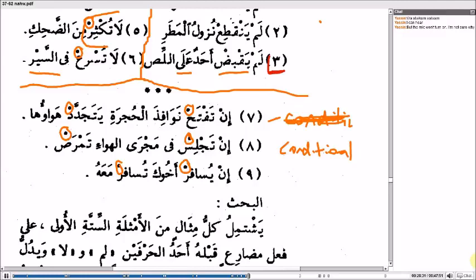The main thing is that you understand it's conditional, even if you don't see the word in. So if it's conditional, then it's going to be majzoom. There is a verse, amsaka rizqahu, but the fatha is... No, that's not conditional though.